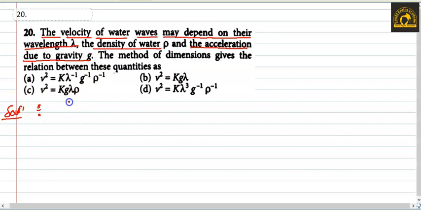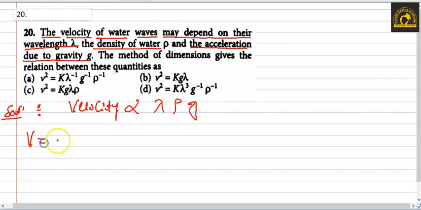The velocity is directly proportional to the wavelength, density, and acceleration due to gravity. So the velocity is equal to wavelength, density, g, with powers that are unknown, x, y, and z.